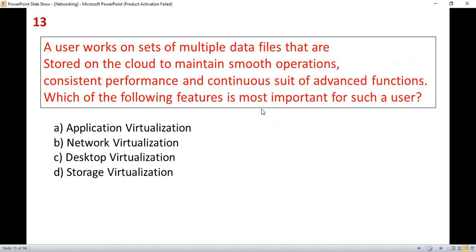Which of the following features is the most important for the user? You have the options application, network, desktop, and storage. The user wants to store multiple data and files to maintain smooth operation.